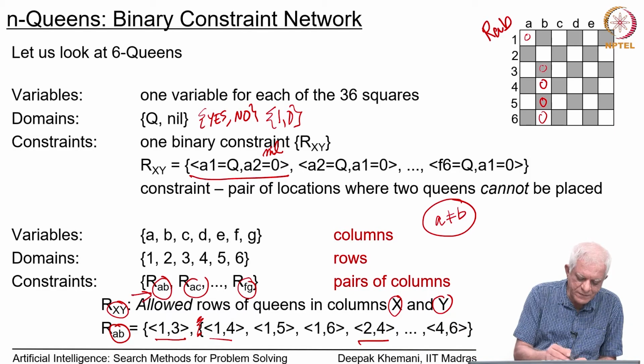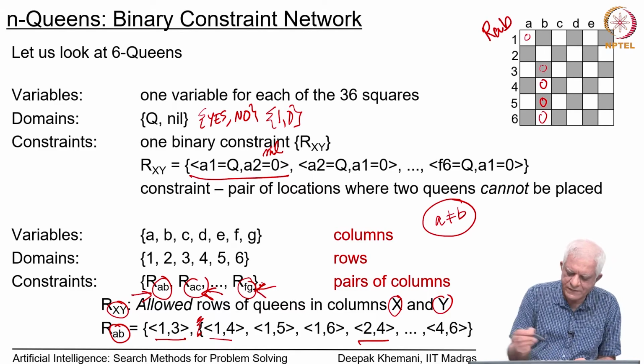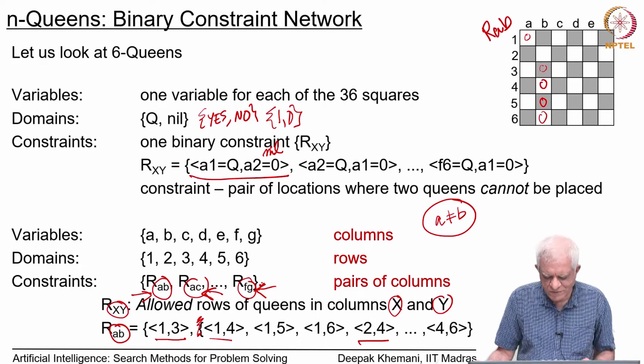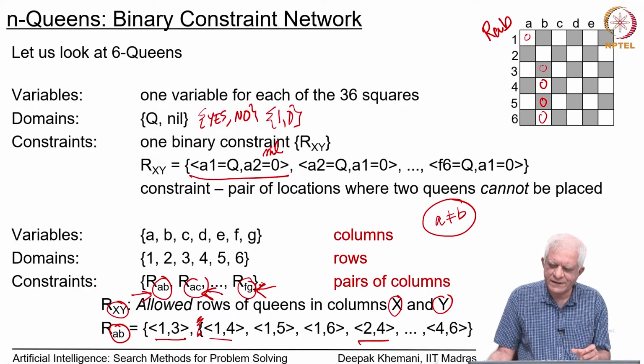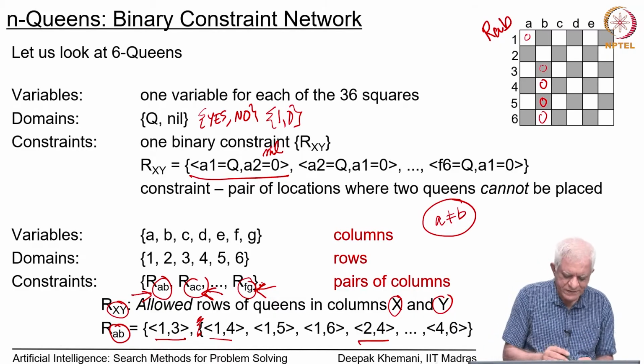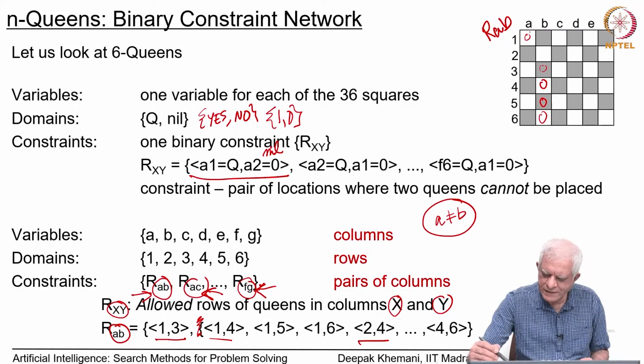So, we talked about AB here, you can talk about AC next, and eventually you can talk about FG. So, you can specify those constraints. They are not so hard to specify, you can write a program to do that. All you have to do is to check that if a queen is in, let us say, location A1, and a queen is on B3, that they are not attacking each other.